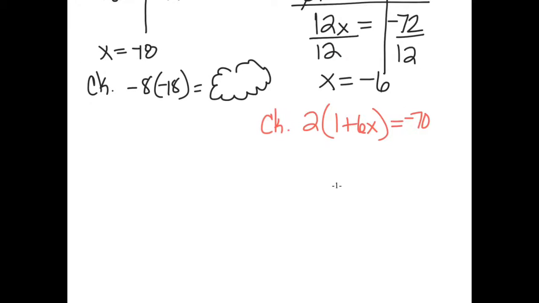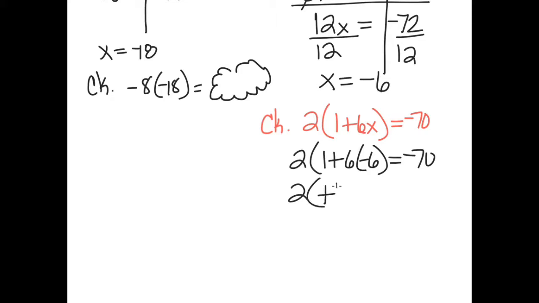I'm going to distribute. 2 times 1 is 2. 2 times, I'm not going to distribute. I'm going to plug in for my x variable. X equals negative 6. So I have 2 times 1 plus 6 times negative 6.